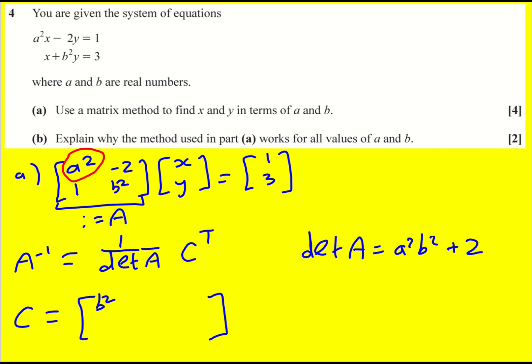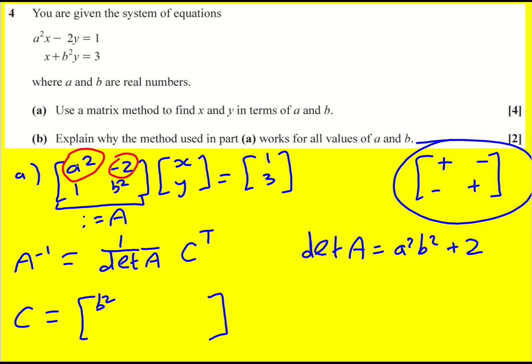The only extra thing you need to think about is whether we use plus or minuses, and the rule is that it's going to be plus, minus, minus, plus. It's always minus 1 to the power of the row plus the column. For this one, it's probably easiest to just go with that. So the next one, I'm going to pick this one here, cross it out, and I'm going to get 1, but this time it's going to become minus 1.